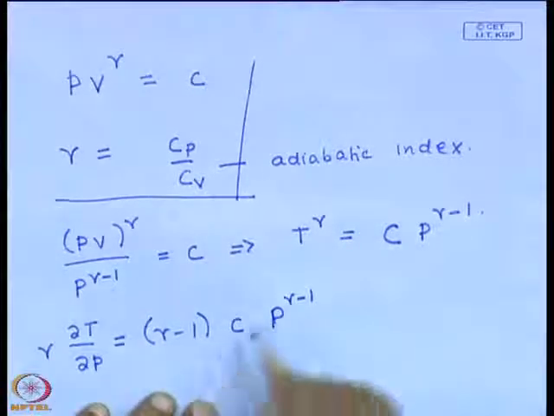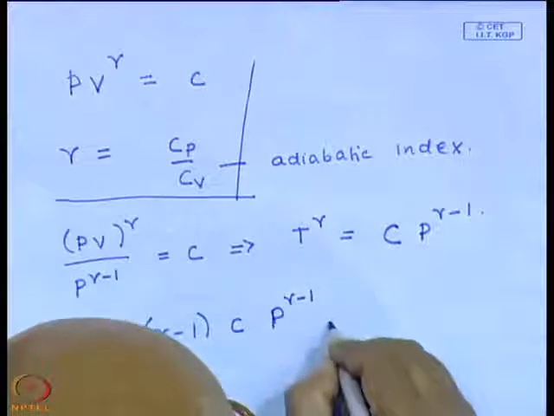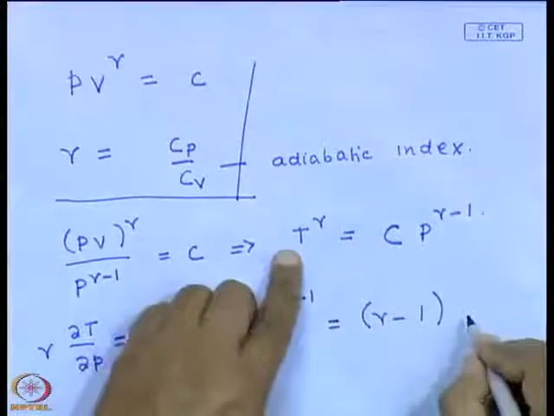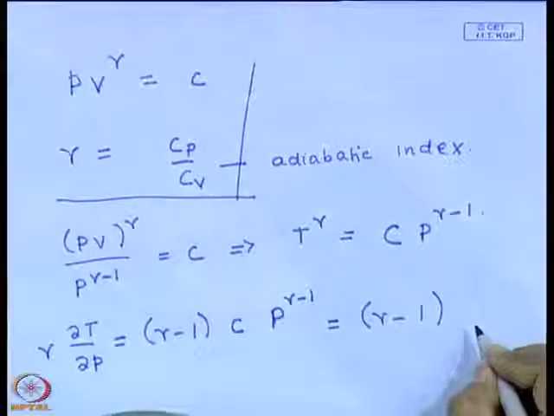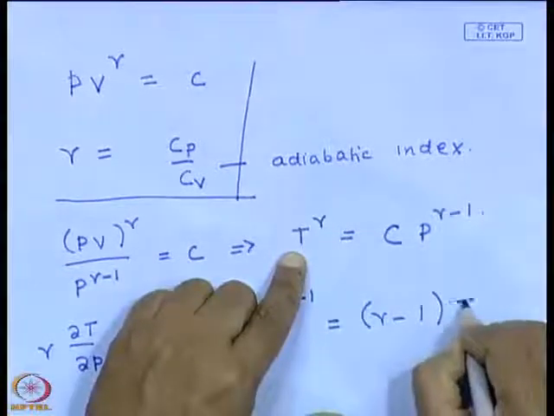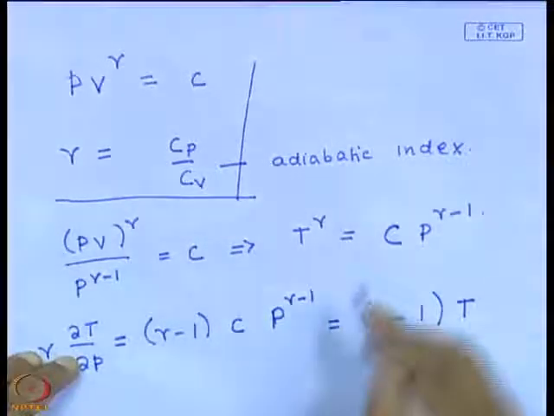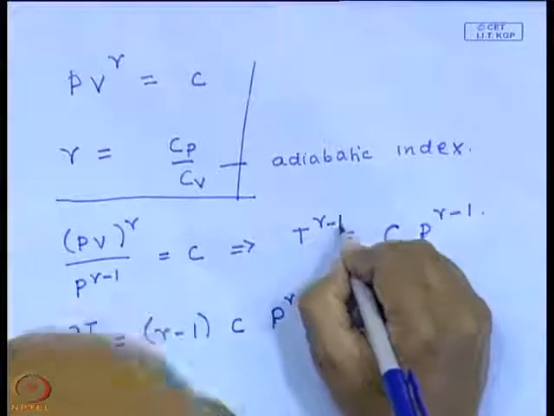So we can write this as gamma minus 1 into T to the power gamma minus 1, right.